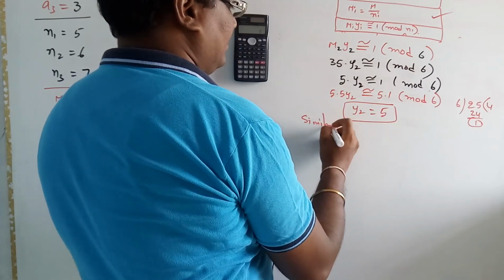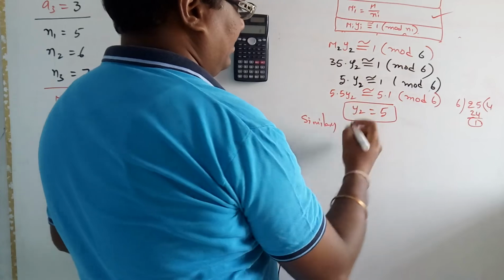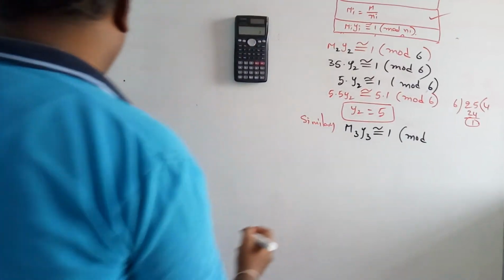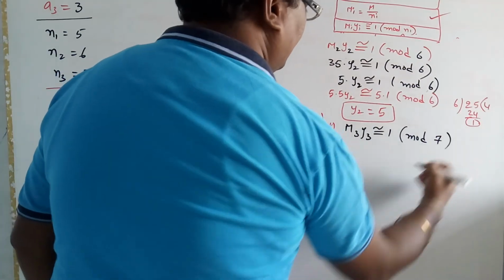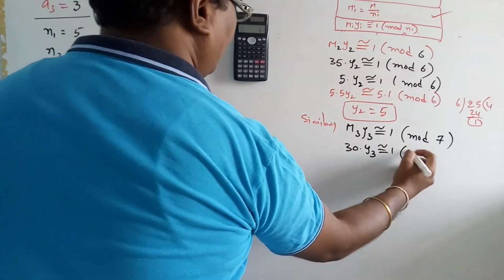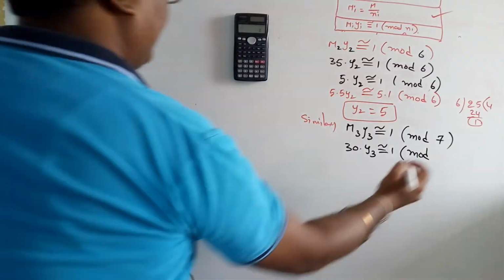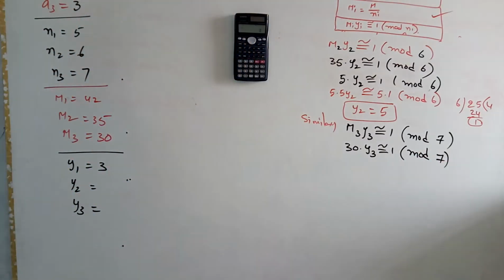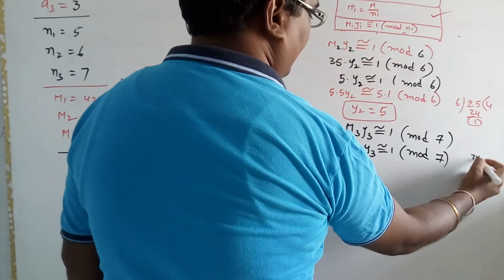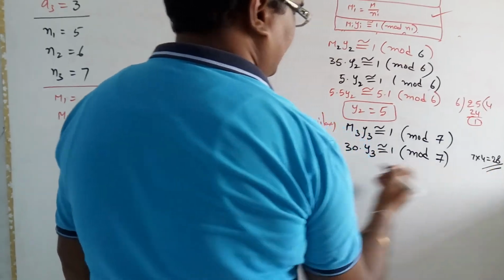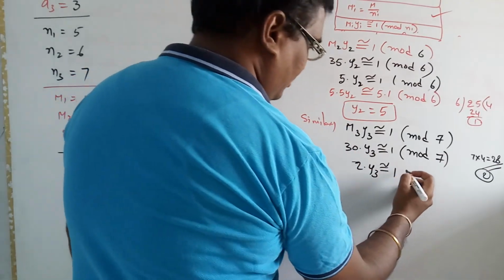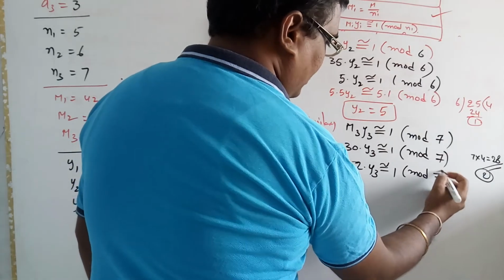Similarly, M3 Y3 is congruent to 1 mod N3, where N3 is 7 and M3 is 30. So 30 into Y3 is congruent to 1 mod 7. 7 fours are 28, so the remainder is 2. 2 into Y3 is congruent to 1 mod 7.